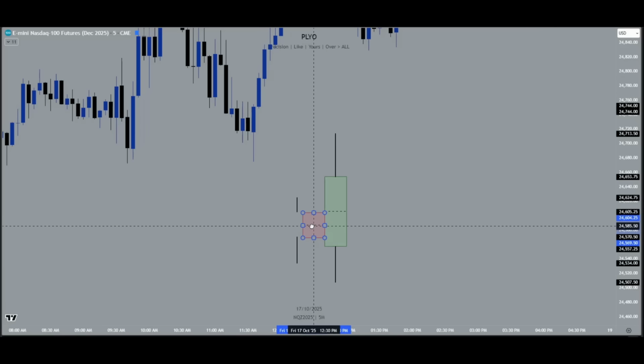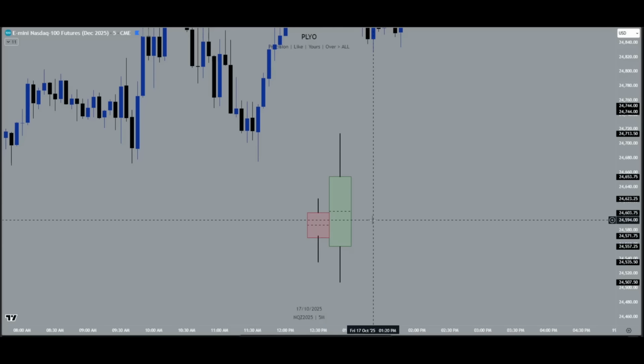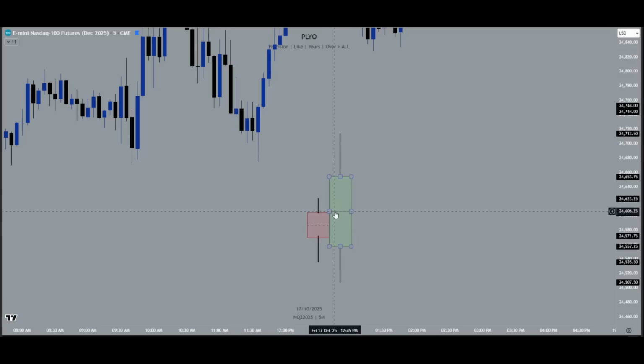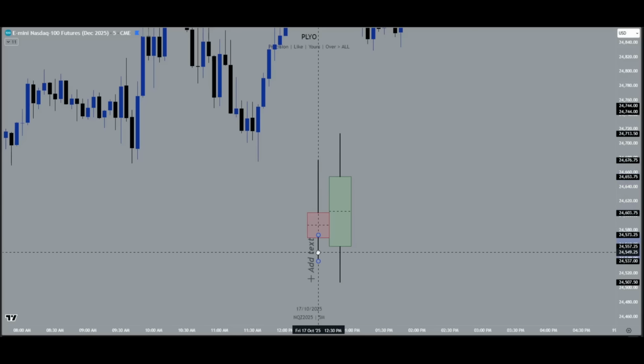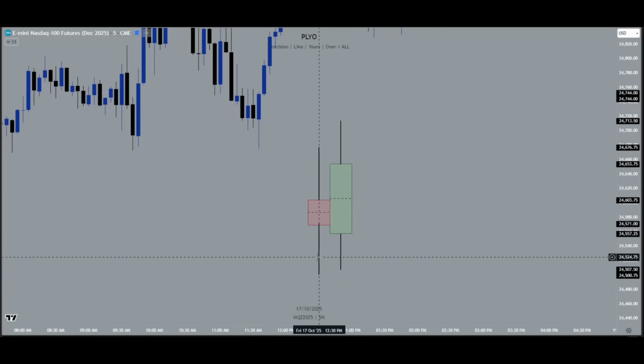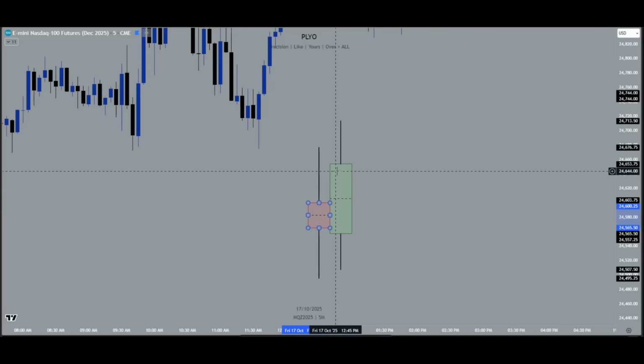If we have a candle like this, that's a doji, but it still gets engulfed, right? That's still technically an OB. However, when the wicks are bigger than the body itself and it's an engulfing candle, we call that a rejection block. Why is that? It's because price hates wicks. Whenever you have an engulfing candle, yes, this is an OB, but the type of OB it is is a rejection block.